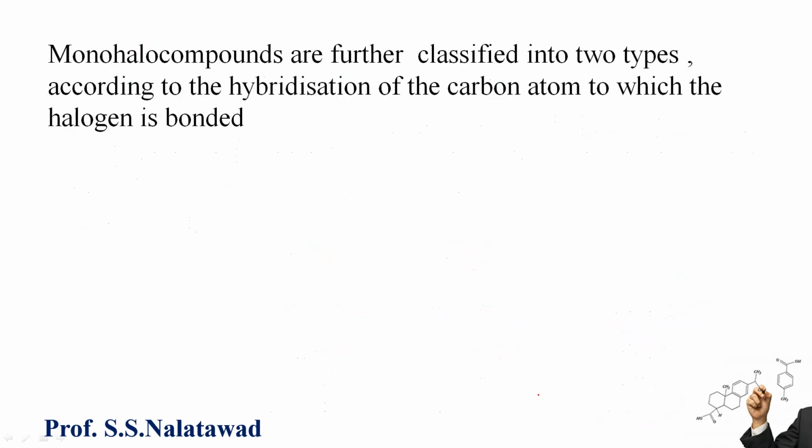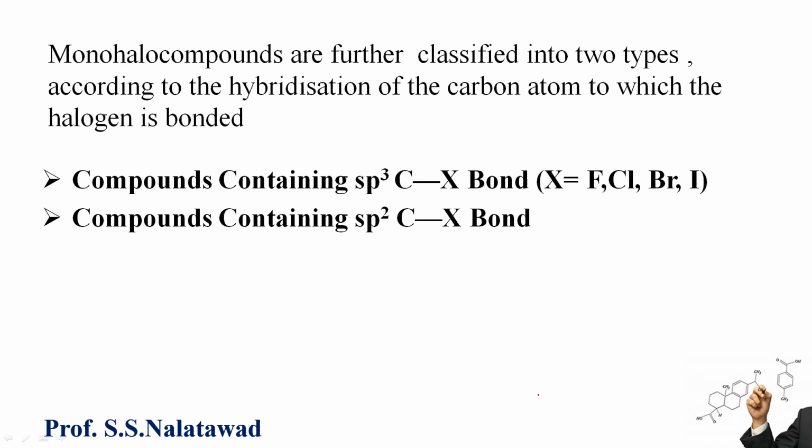Okay. Next, monohalo compounds are further classified into two types according to the hybridization of carbon atom to which the halogen is bonded. That is, compounds containing sp3 carbon-halogen bond. Here X means fluorine, chlorine, bromine, iodine.